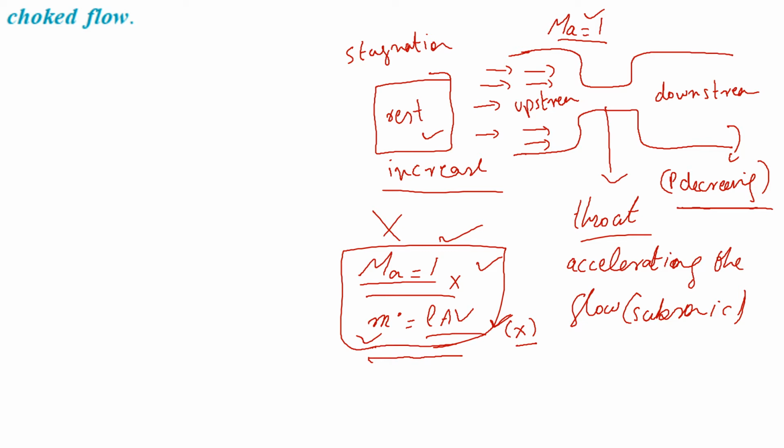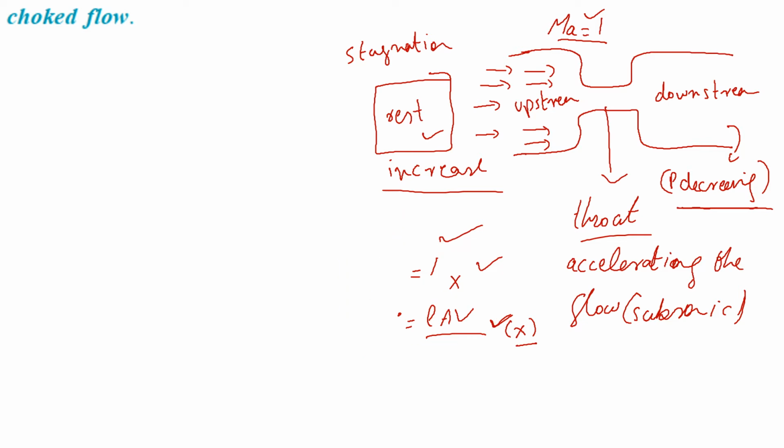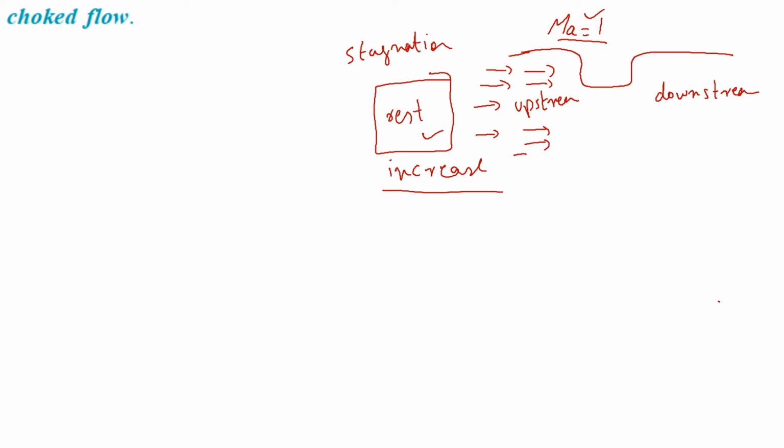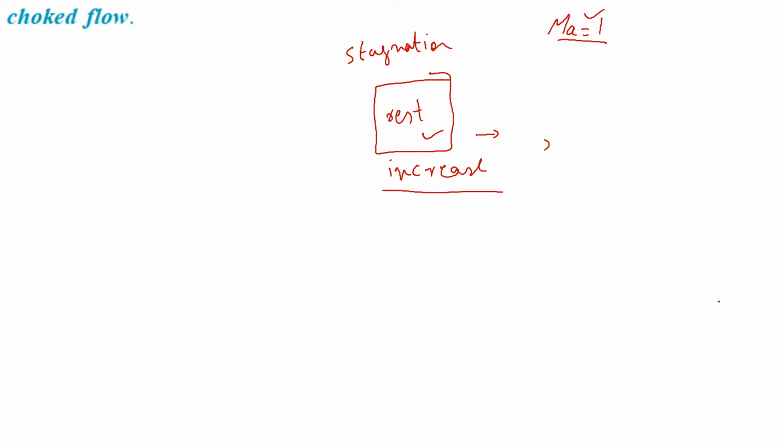So this is called choking, in which the fluid properties like the Mach number and the mass flow rate do not change if we further decrease the pressure downstream. There will be no effect at the throat region on the Mach number and on the mass flow rate of the flow, and it will remain the same, and this condition is called choking flow.